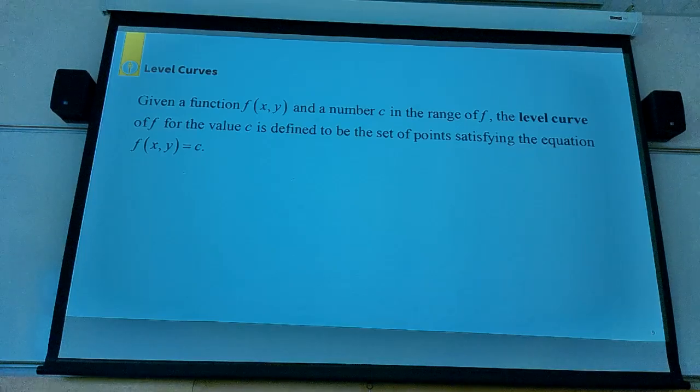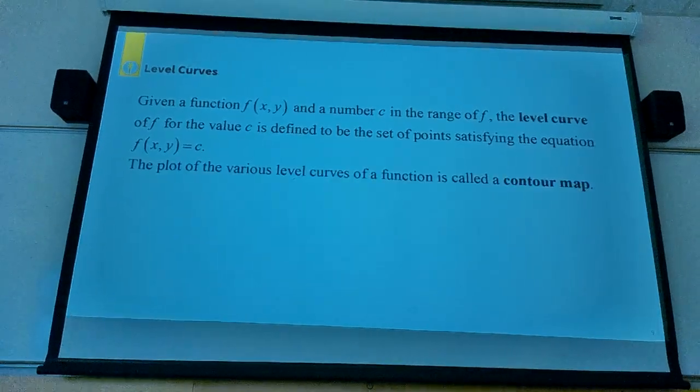Given a function f of x, y, and a number c in the range of f, the level curve of f for the value c is defined to be the set of points that satisfy the equation f of x, y equals c. The plot of all of these level curves is called a contour map.